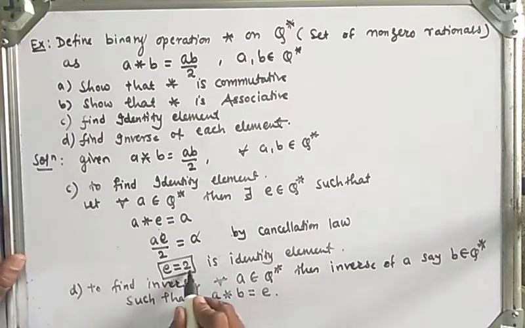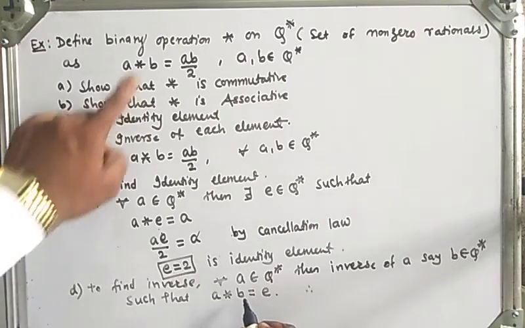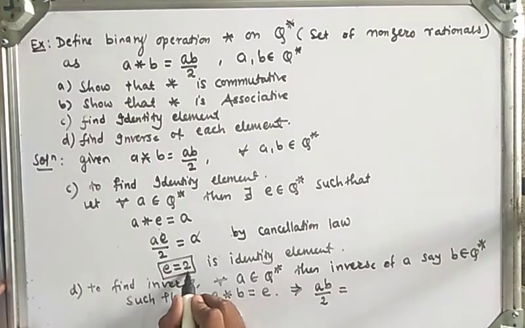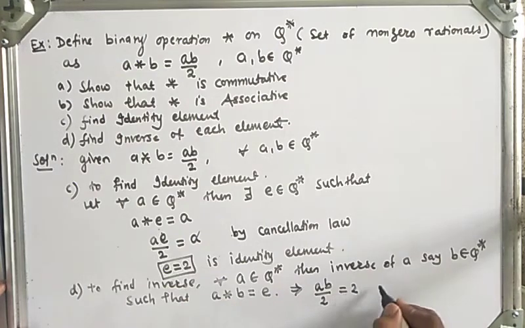What is the identity here? 2, right? And a star b is a into b upon 2, and E has value 2, so it is equal to 2.